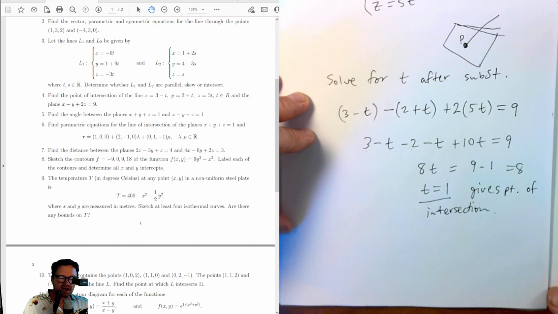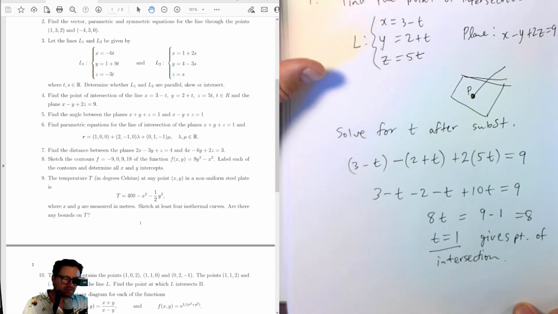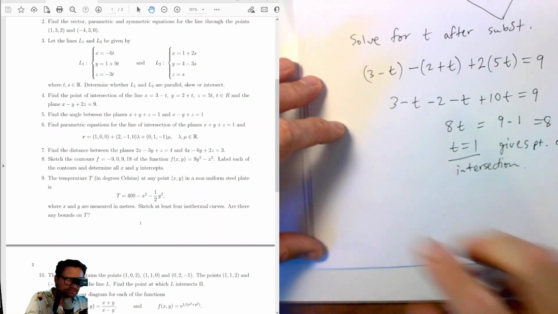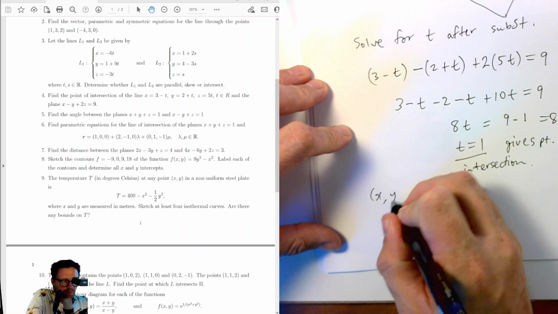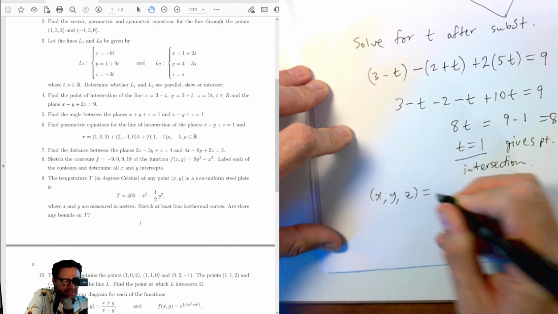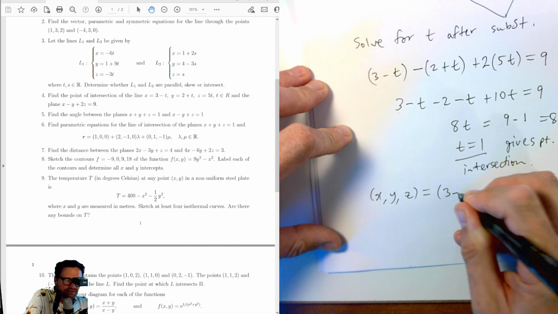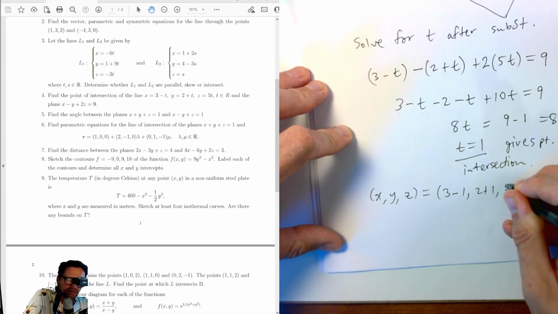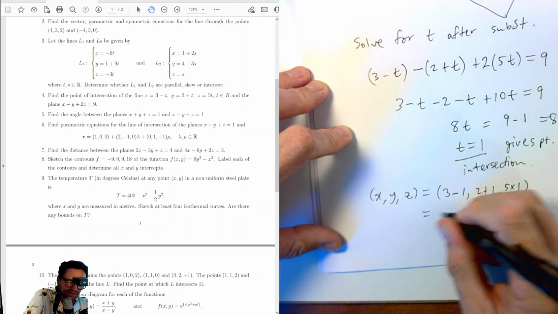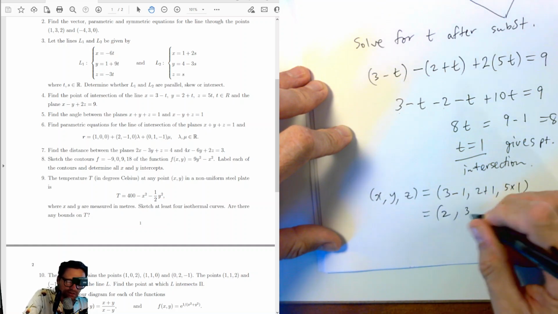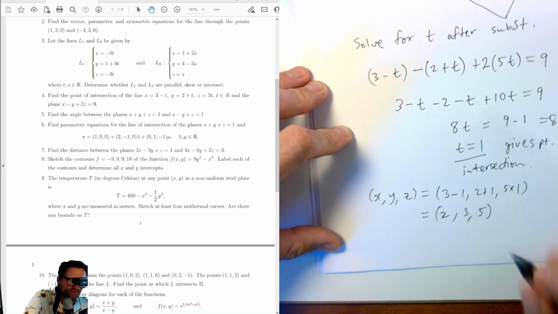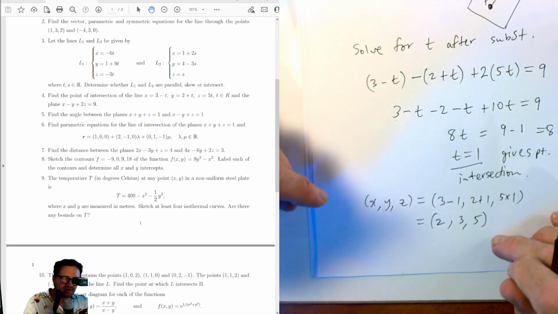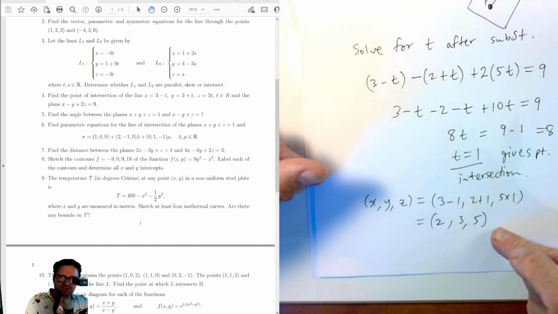Okay, so let's use that in here to find what our point of intersection is. So we have x, y, z equal to (3 minus 1, 2 plus 1, 5 times 1), and this is (2, 3, 5). So the point of intersection of the line and the plane is the point (2, 3, 5).